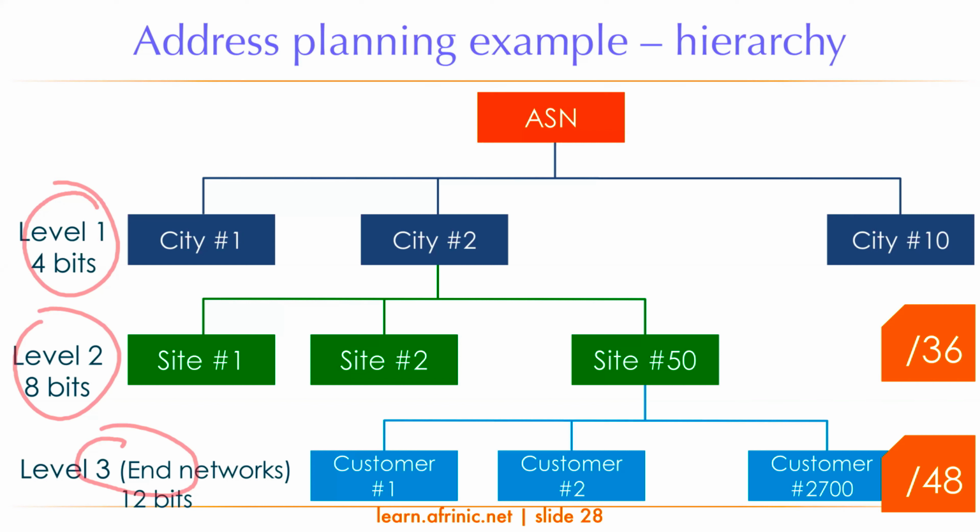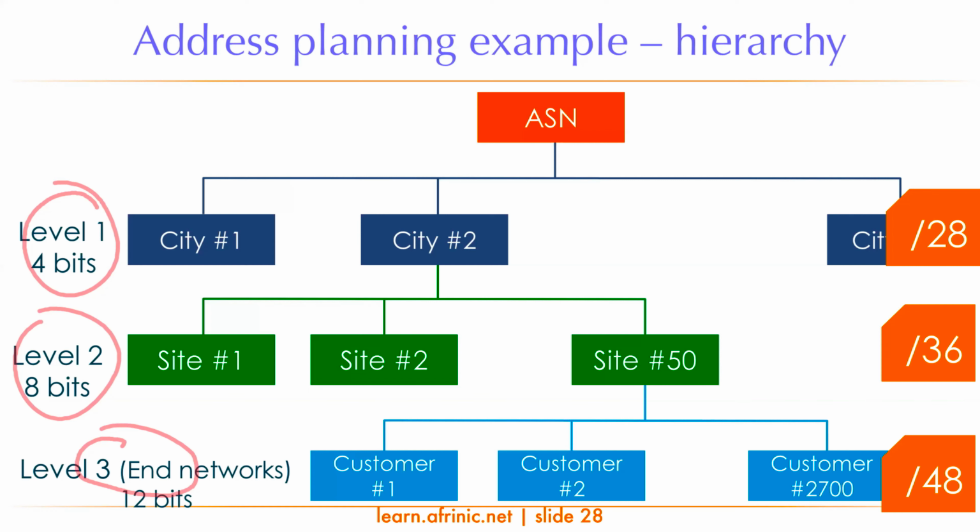And then we needed how many bits? 8 bits for us to have up to 50 sites. So our prefix size will be a /28. Essentially, that is 36 minus 8, giving us a /28. And then remember we said we are present in how many cities?